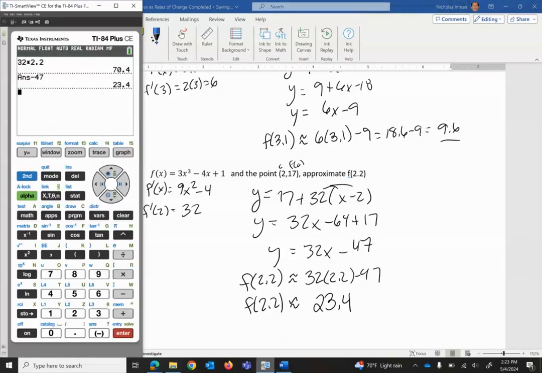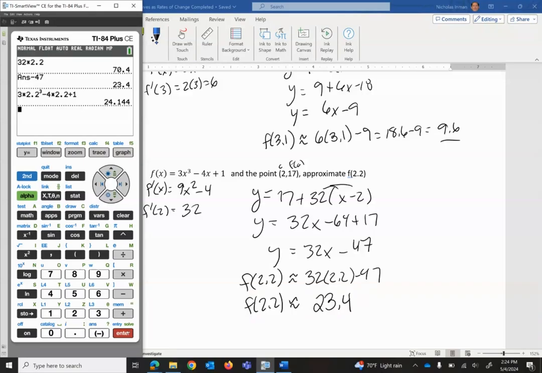Now, what would it be if we actually did just put in 2.2? 3 times 2.2 cubed minus 4 times 2.2 plus 1.